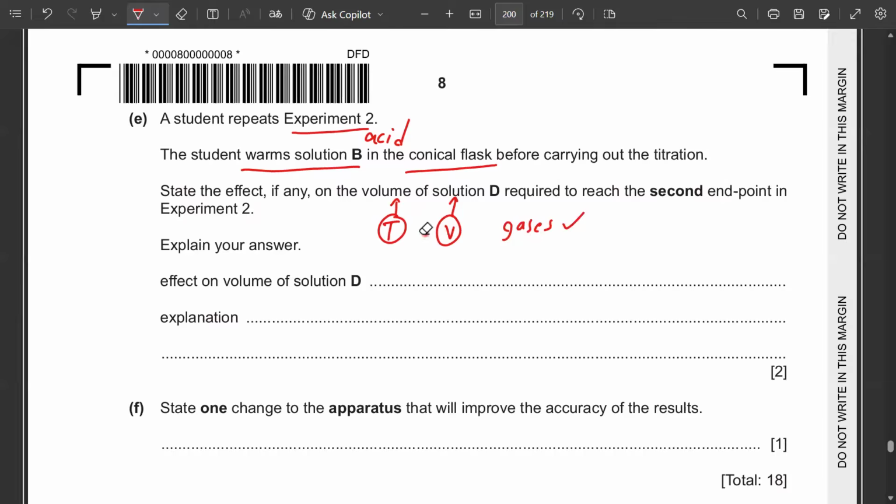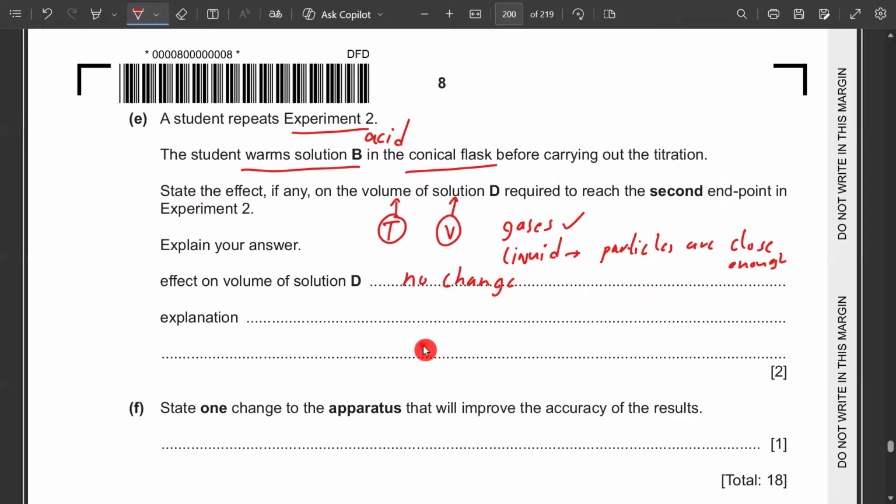In gases, if you increase the temperature, it will significantly increase the volume, but not in liquids, because in liquids the particles are already close enough to each other. So increasing the temperature would not have a significant effect on the volume. So you will say no change in the volume.